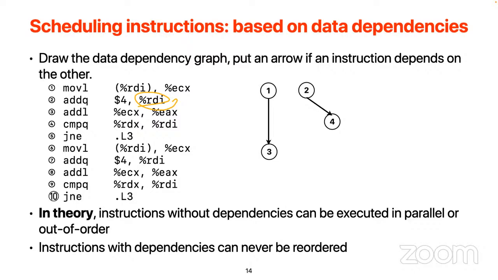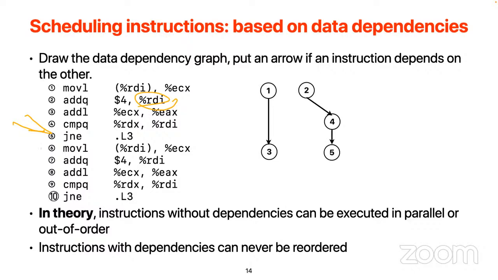Okay, how about 5? It is jump not equal. So for this instruction, who do you think it will depend on? 4, right? Most of the time we can just look at the registers, but x86 has a hidden thing called flags. So instruction 4 will actually set a flag, and instruction 5 is going to read it.